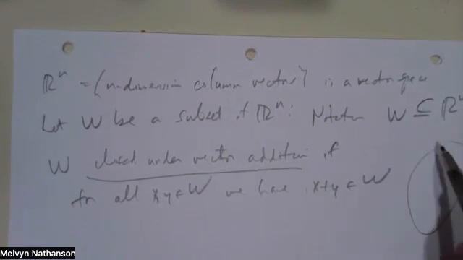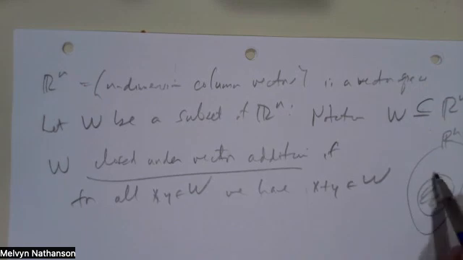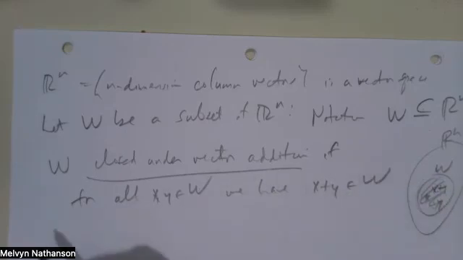You can think of it like this. Here's Rn, and sitting inside Rn is this subset W. And if you take any two vectors, x and y in W, the sum is also in W. So adding two vectors doesn't take you outside of the subset.